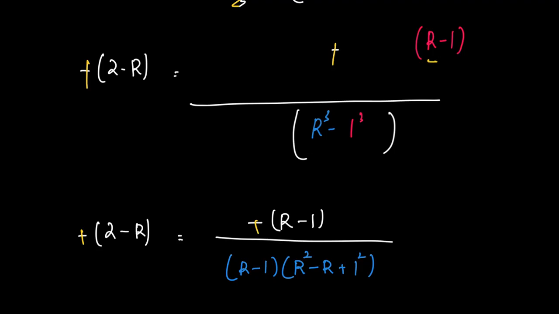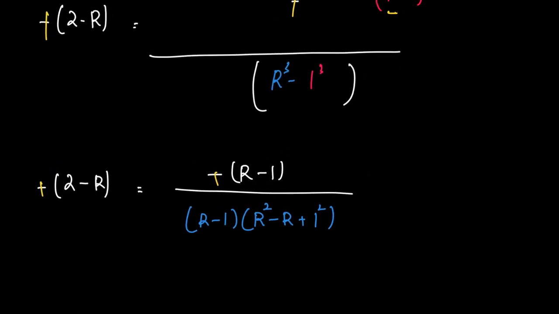minus 1 cube. Now, what is a cube minus b cube? Okay, let me just write it down. So a cube minus b cube is a minus b into a square plus ab plus b square. So r cube minus 1 cube will be r minus 1 into r square plus r into 1 plus 1 square, right?